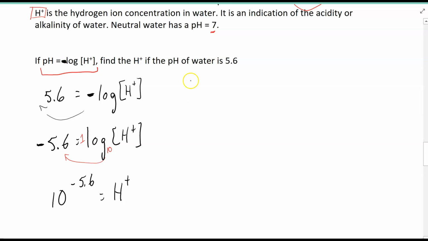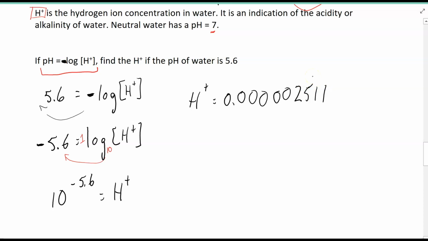And using your calculator, you can find the anti-logarithm of -5.6. Second function log, minus, don't use your subtraction key, use your negative key, 5.6 equals. And you should see on your calculator the hydrogen ion concentration is equal to 0.000002511.